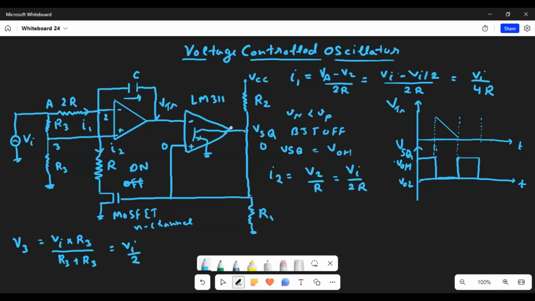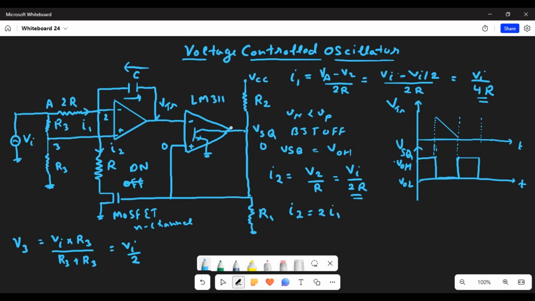So the current I2 is actually 2 times the current I1. So there is an additional current. One current, I1, is coming from the resistance 2R, so this additional current will come from the capacitor that is connected. It means the direction of the current has changed. Now it will go in the opposite direction.